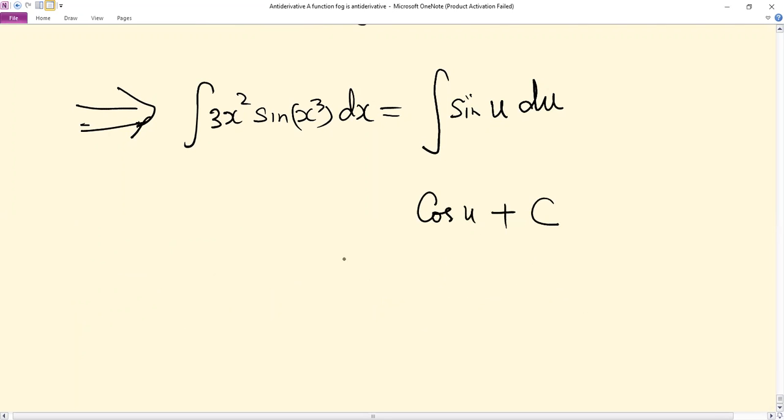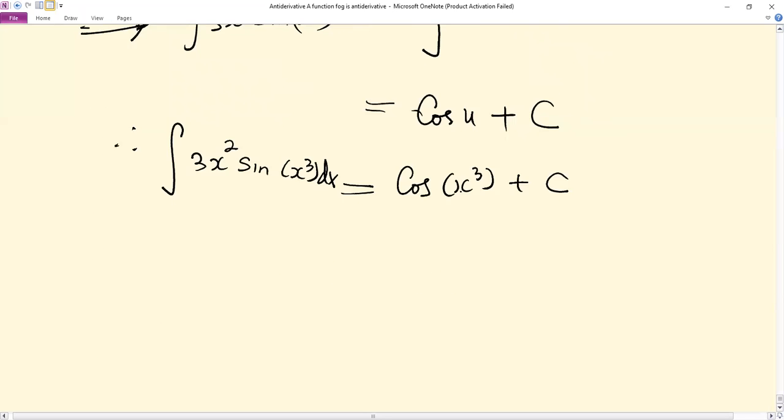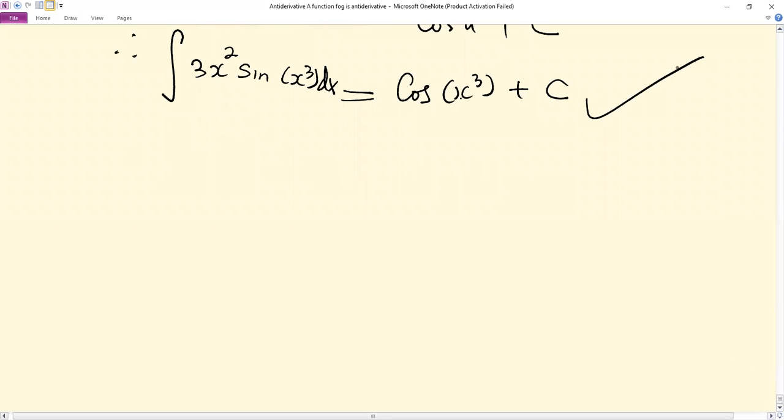Then we add a constant of integration. So therefore, the integral of 3x squared sine x cubed dx is cosine of x cubed plus c, because u is x power 3 from our process. So this will be the solution.